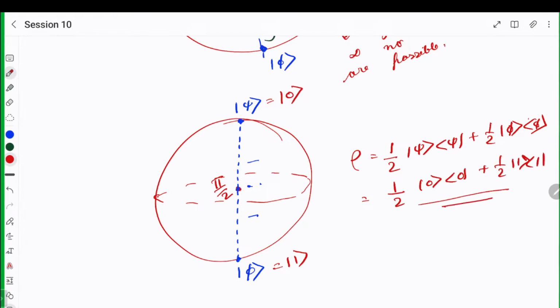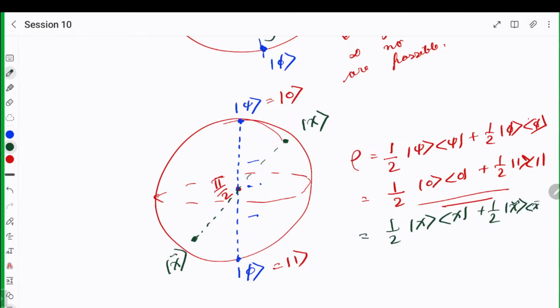In fact, if you take any diameter, connecting any pair of antipodal points or orthogonal states, say chi and chi bar, you can write it as half chi chi plus half chi bar chi bar, and all of this will equate to I by 2.